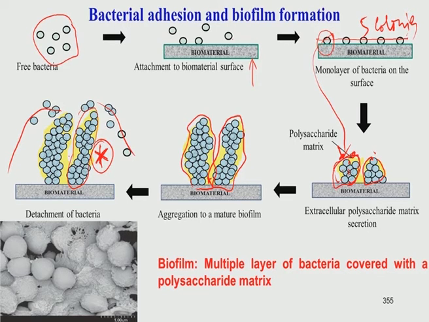Now, if you grow these bacteria for a sufficiently longer time period, then this total biomaterial substrate will be covered with bacteria. Intentionally, we are showing here a spherical bacterium, a Staphylococcus species. It can be either aureus or epidermidis.